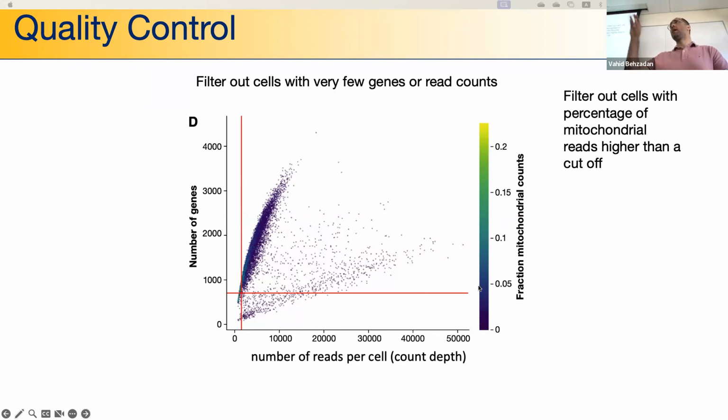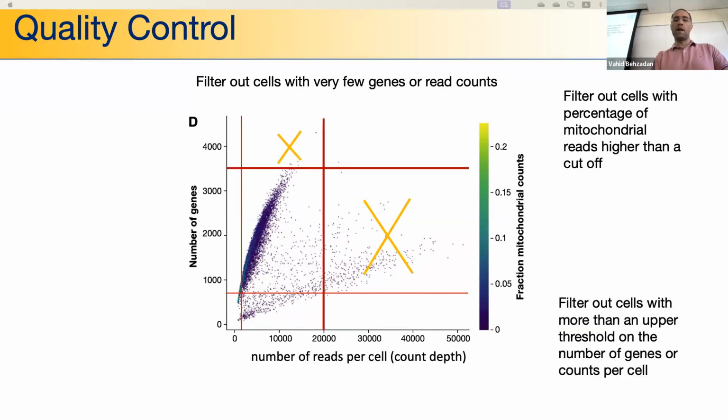So if a cell has more than 5% mitochondrial genes, you just remove it. And also you put a threshold on the number of genes or the number of counts per cell. When I say number of counts, I mean the number of transcribed genes, the number of reads. So you remove these cells and these cells as well.